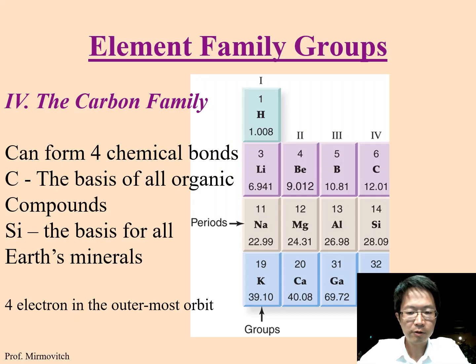So group number 4, they are the carbon family. Carbon can form 4 chemical bonds. We will talk about different chemical bonds later in the lectures. Carbon is the basis of all organic compounds. This is very important.